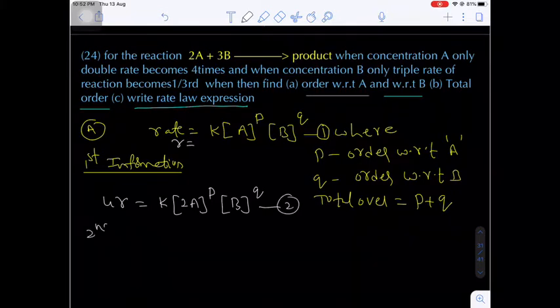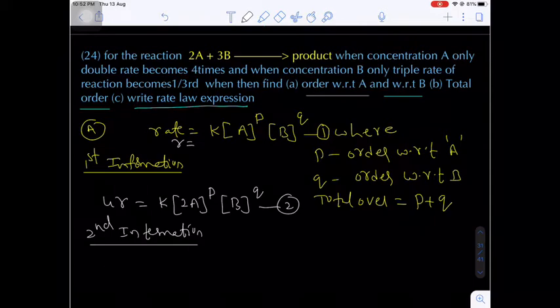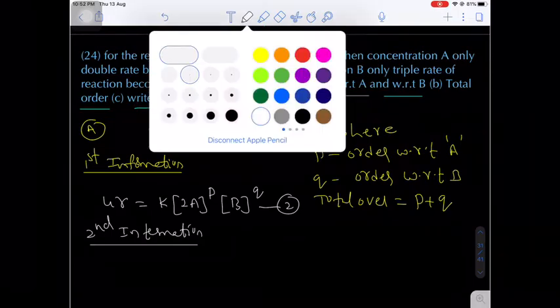Now what is the second information given in the question? The second information is that when the concentration of B only triples, the rate becomes 1/3.